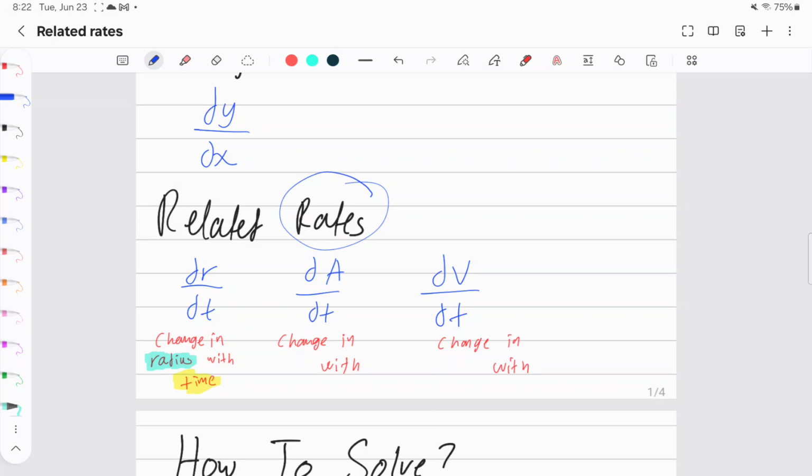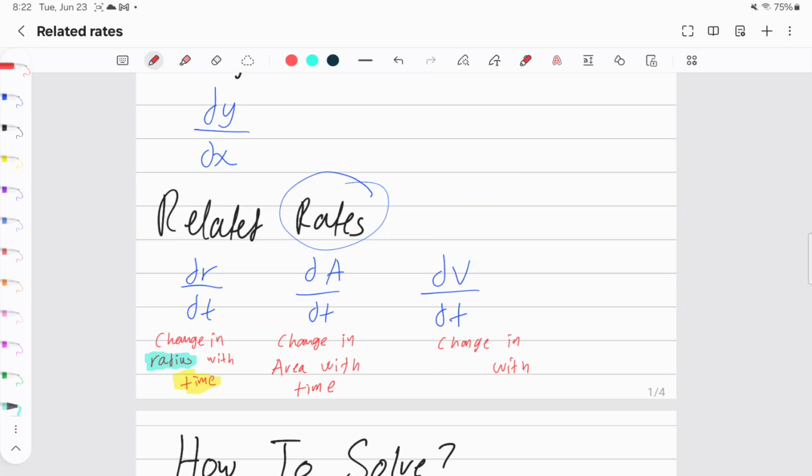So if you see a radius, then when you differentiate this in related rates, you'll just simply say it's going to be dr over dt, or change in radius with change in time. Similarly, you can have dA over dt, which is the rate of area, the change in area with respect to time.